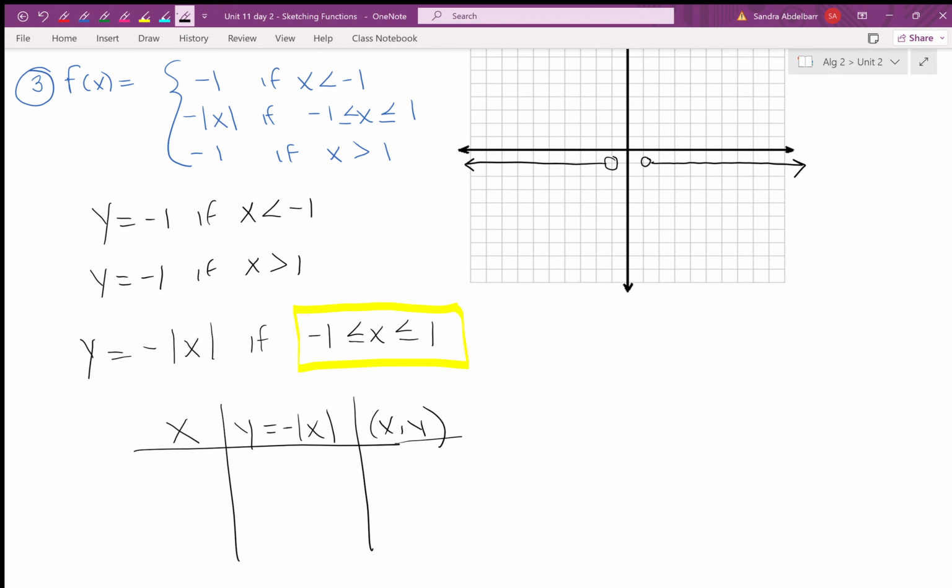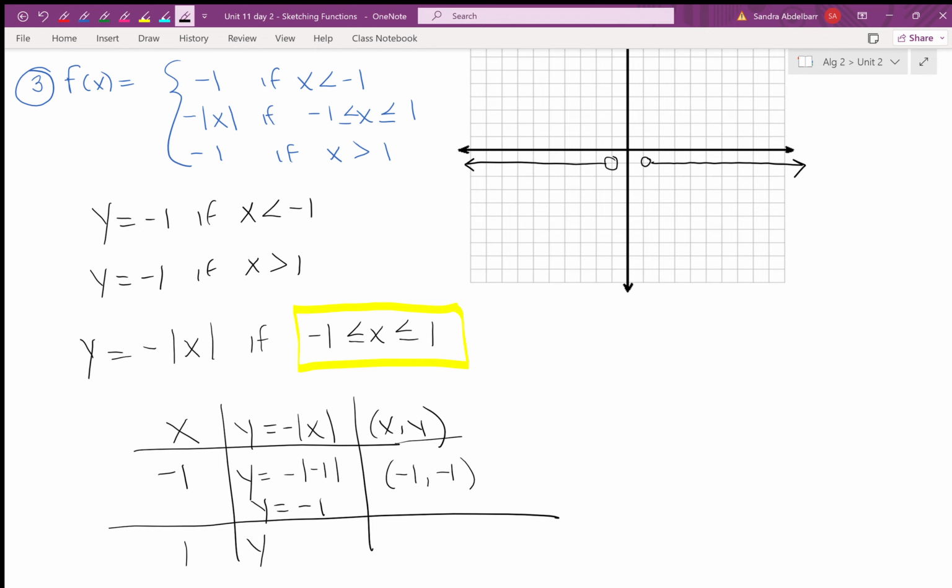So I want to know what happens when x is -1. Well, when x is -1, y will equal the negation of the absolute value of -1. What's the absolute value of -1? 1. The negation of 1 is -1. So the coordinate here is -1, -1. Do we agree? Okay. Then let's see what happens when x is 1.